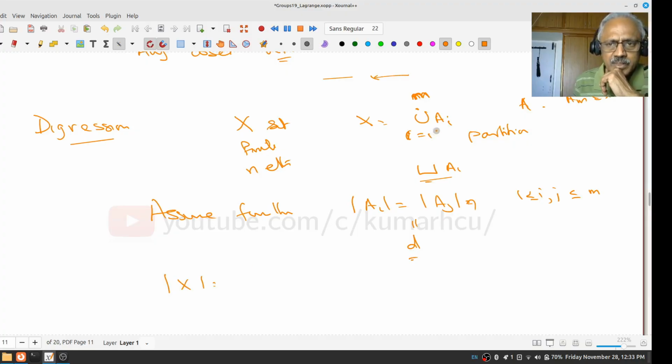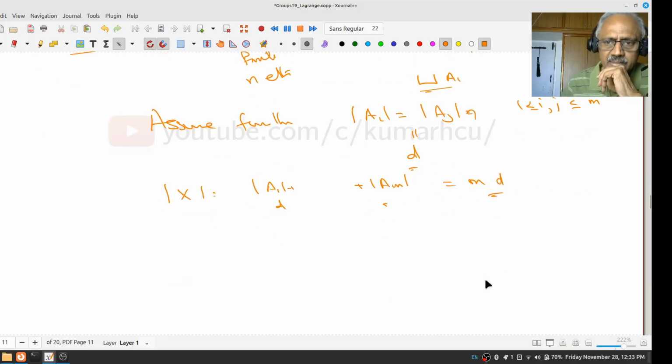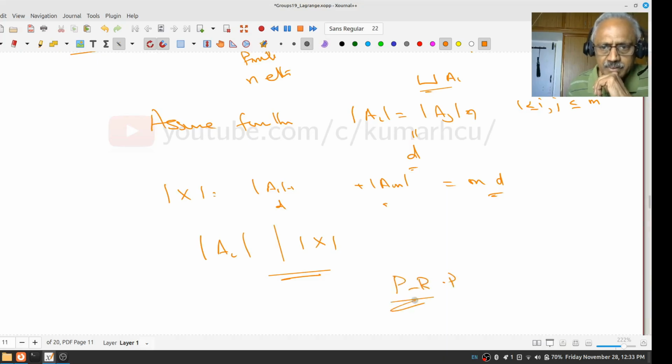This is the number of elements in A1 plus up to the number of elements in Am, but each is d. Therefore it is md. That means the number of elements in A1 divides the number of elements in X. Okay, pause, review, proceed.